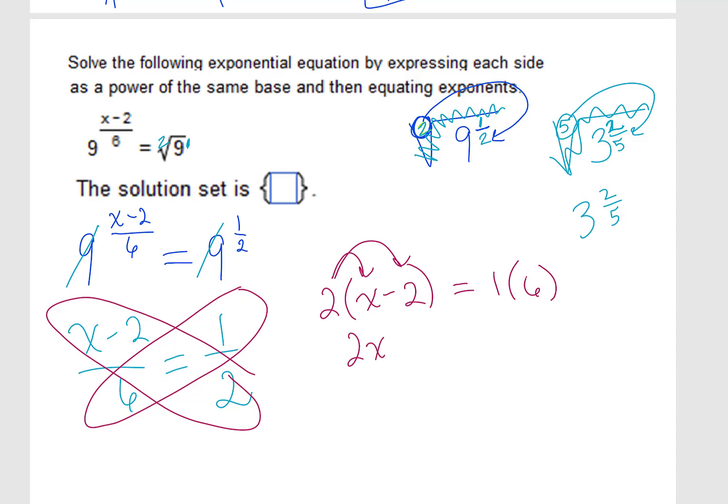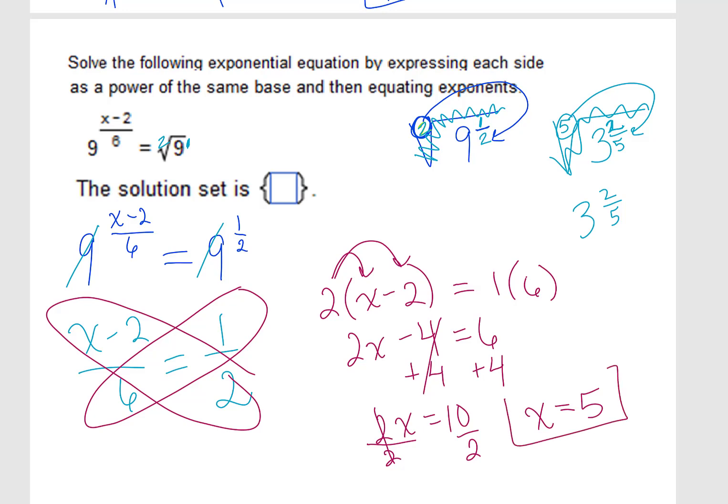Distribute, 2x minus 4 equals 6. Start isolating that x. 2x equals 10. Divide both sides by 2, and I get x equals 5.